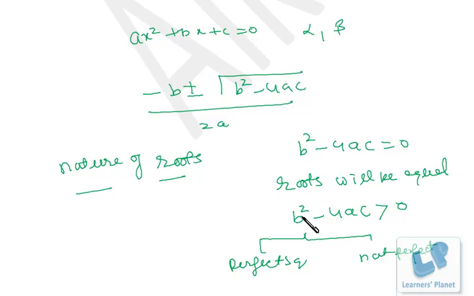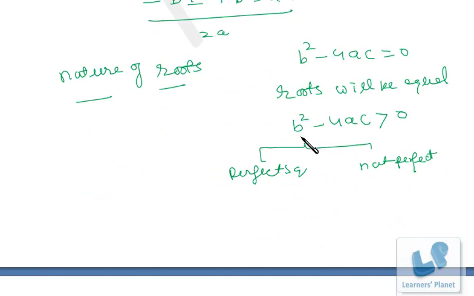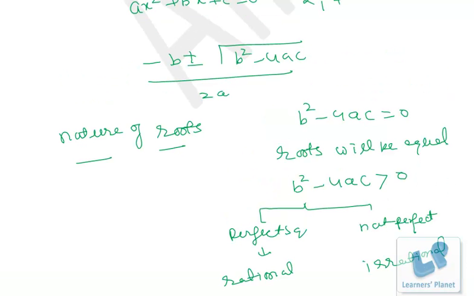So if b square minus 4ac is greater than 0, there are two cases, perfect square and not perfect square. If b square minus 4ac is a perfect square, roots will be rational. If not a perfect square, irrational. And the third case is when b square minus 4ac is less than 0.